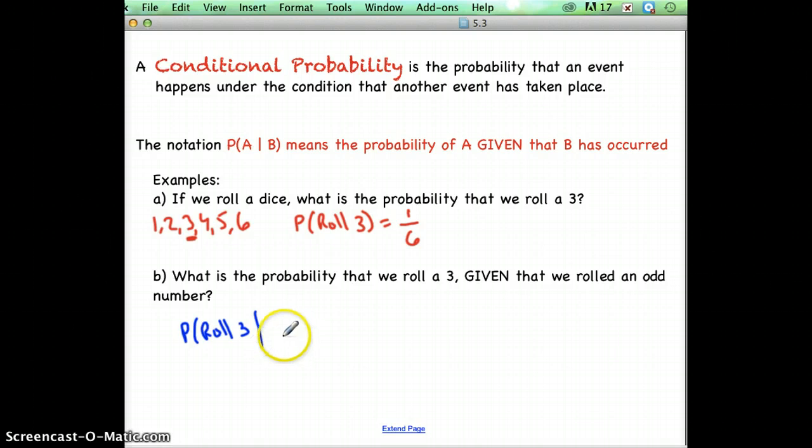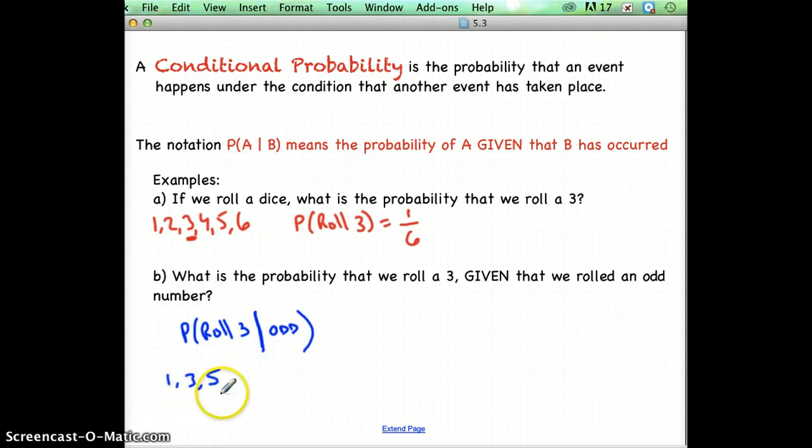Now we're going to do, what's the probability that we roll a 3 given that we rolled an odd number? That's how I would write it out. Probability that we roll a 3 given, so that's that line, that we rolled an odd number. So now we're only going to focus on the rolls that would be odd numbers. So that would be 1, 3, or 5.